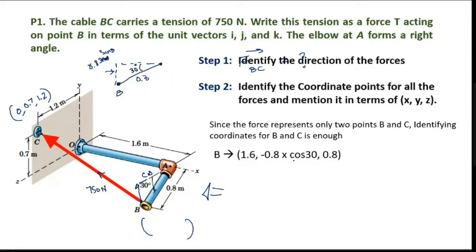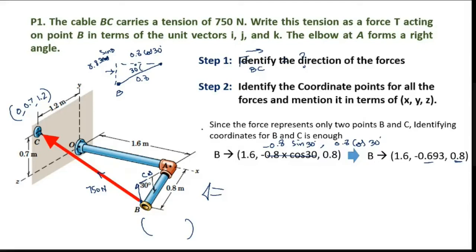Your y-axis is sine. I think I have made a mistake here. It is minus 0.8 sine 30 degree, and the z-axis is 0.8 cos 30 degree. You will get something like that. If you change this, you will get a different value here. So these are the values for B.